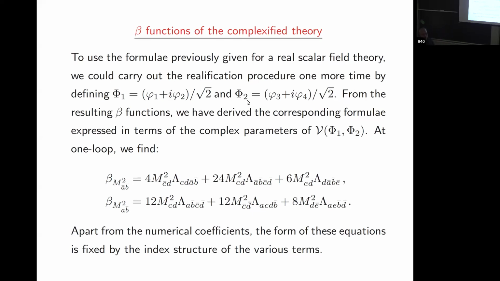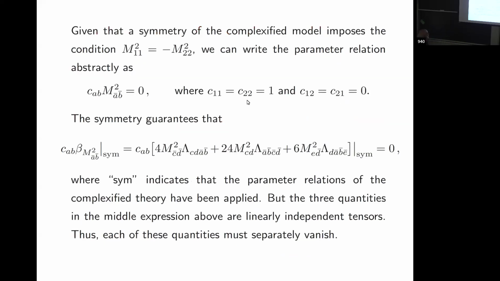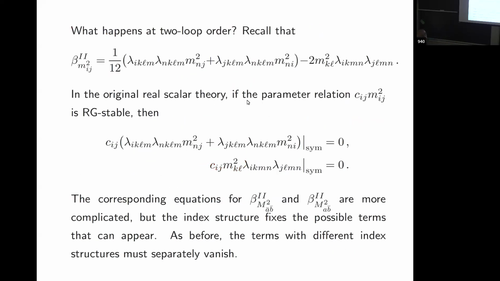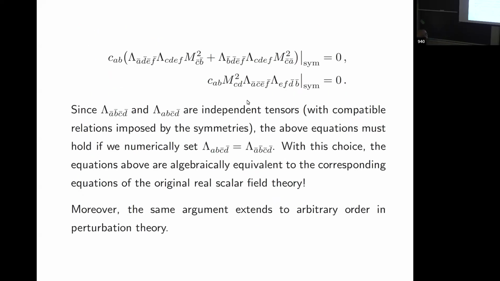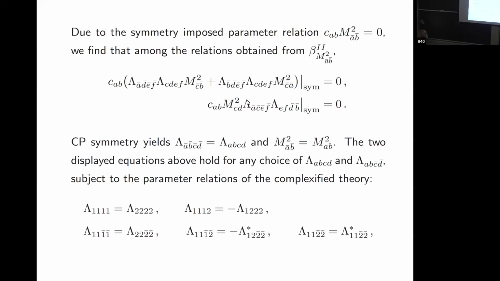And again, I don't need the coefficients because each term is going to be linearly independent and must separately vanish. So I can ask myself, what sort of equations will I get in the complexified theory? And these are two of the equations among many that I will get.